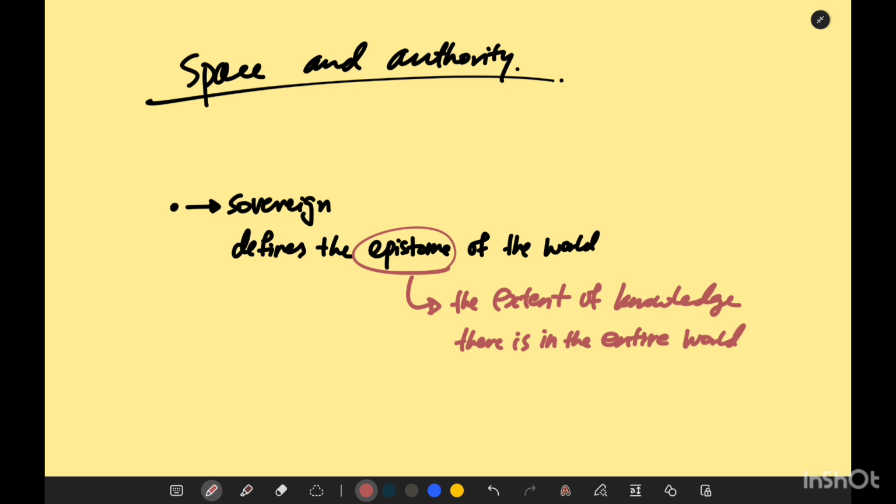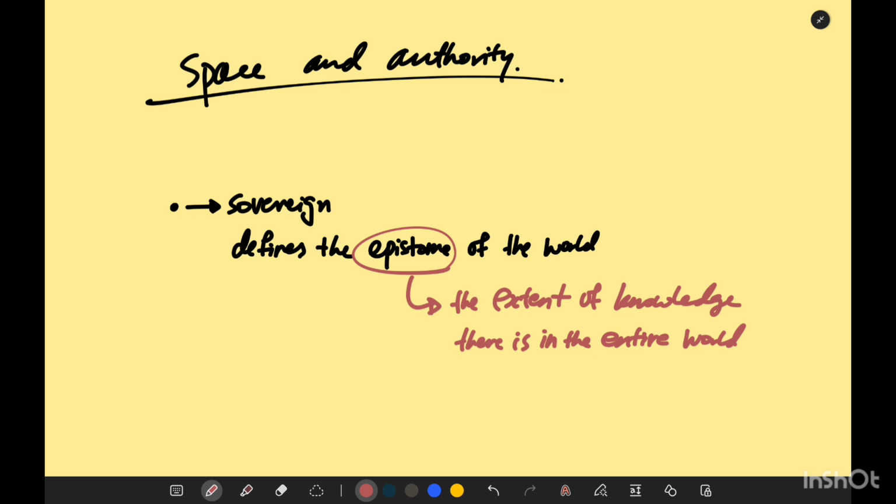Right. And in Flatland, and Pointland more specifically, the sovereign defines it, because all of its subjects are under his rule of what counts as truth and not truth.